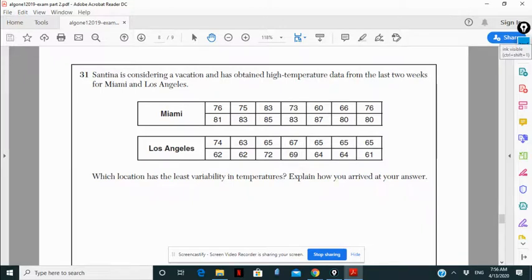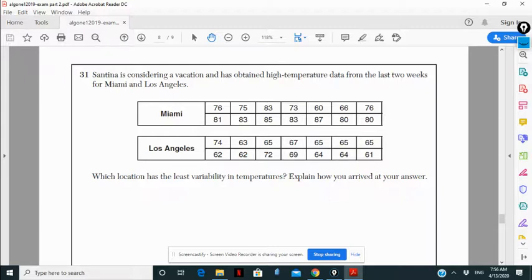Santina is considering a vacation and has obtained high temperature data from the last 2 weeks for Miami and Los Angeles. Which location has the least variability in temperature?